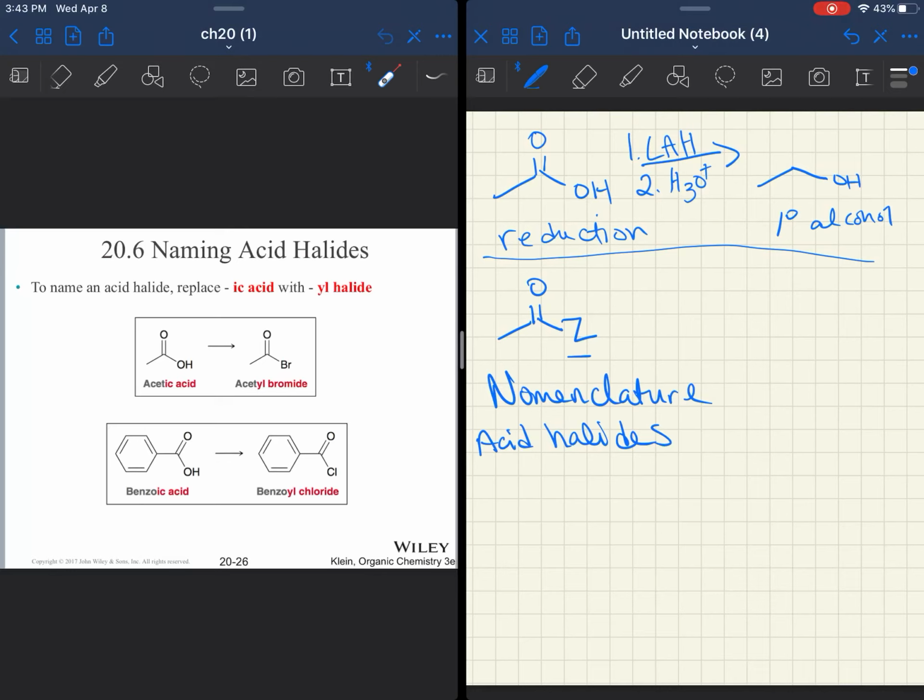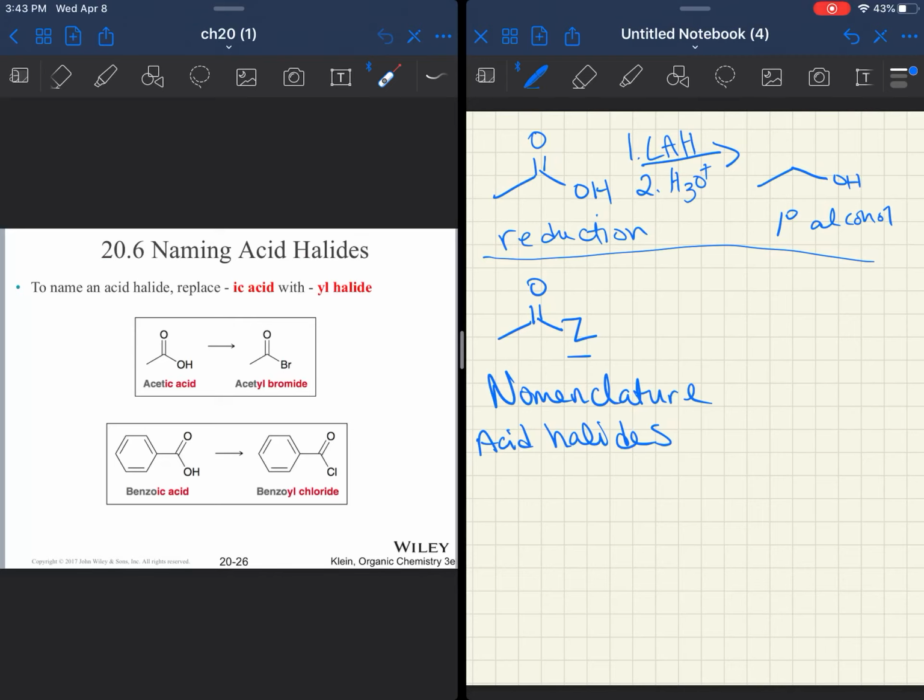All right, let's get down to some naming. We're going to start with the acid halides or acyl halides. Instead of going all the way back to the alkane name, you are going to think about what the name would be if Z was an OH.